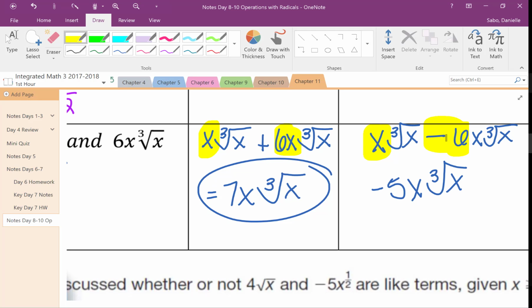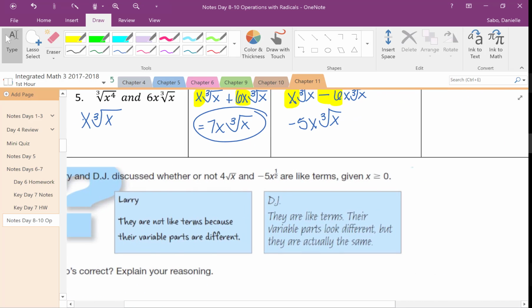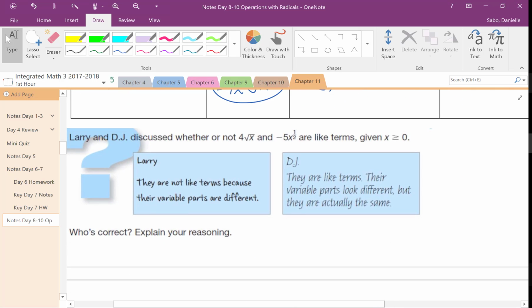Who is right? So see if you guys can figure that out as your group. Take a minute. Some good conversations right now.